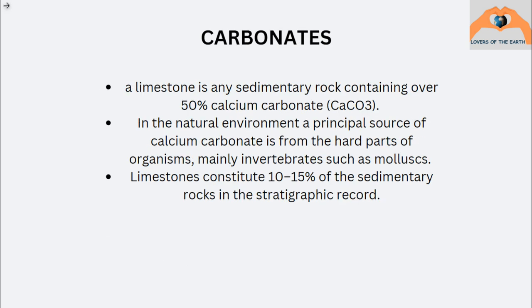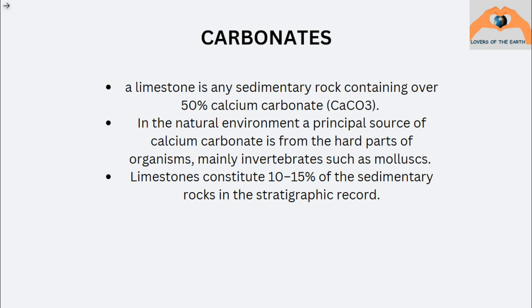Next we have the carbonates. When we are talking about carbonates, we know it is limestone. Limestone is basically a rock which will contain 50% calcium carbonate. How do we get this calcium carbonate? So basically calcium carbonate in a natural environment we get from the hard parts of the organisms, which are mainly the invertebrates such as the mollusks. Invertebrates are the organisms which have soft body parts and a hard outer shell.